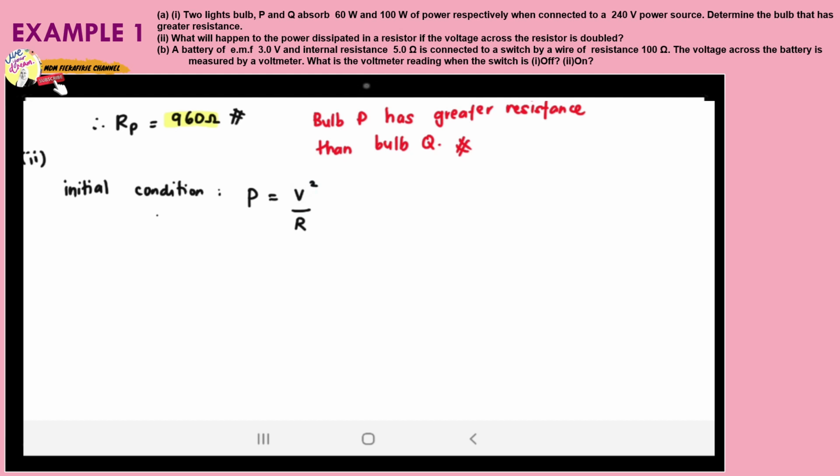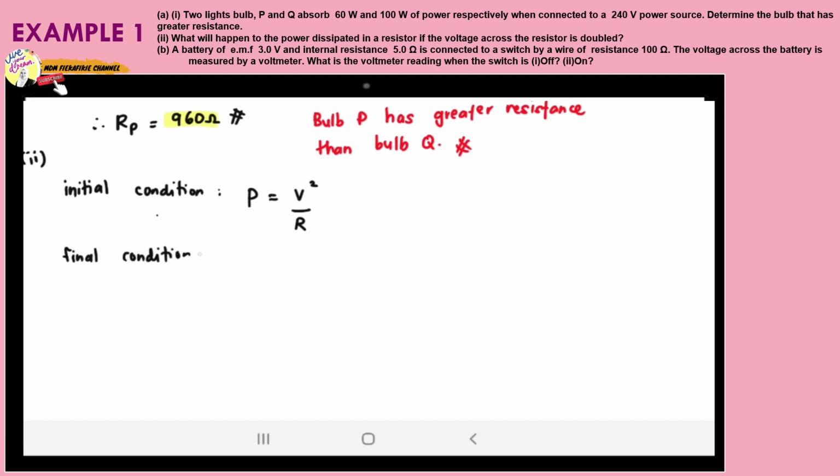When we talk about the power dissipated in a resistor, you must use the equation P is equal to V squared over R. We need to relate the voltage supplied to the resistor with the resistance R. Now let's put the final condition.